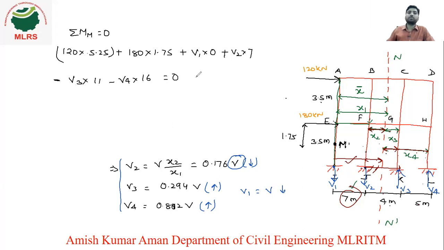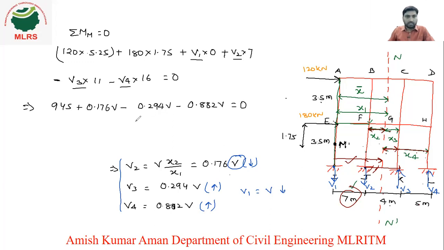Now what we will do, we will replace this V1, V2, V3, V4 value in terms of V. We have already these values. So this will be 945 plus V1, which will be V into 0 is 0 only, plus V2. Replace this V2 by this value, so it will be 0.176 V minus 0.294 V minus 0.882 V will be equal to 0, right?